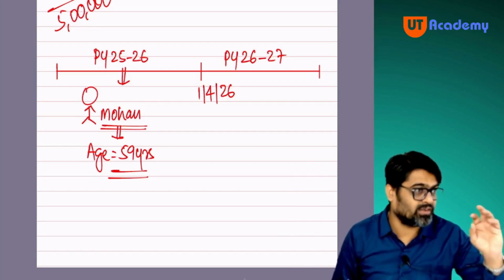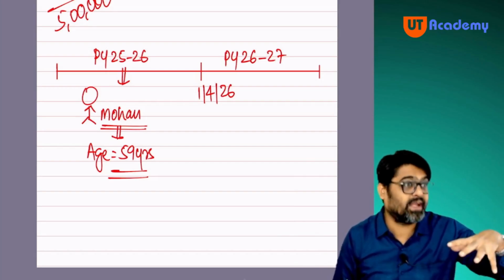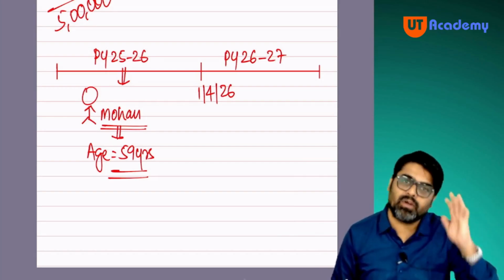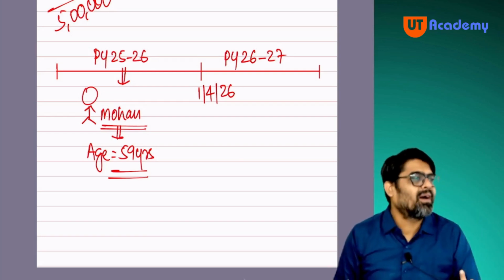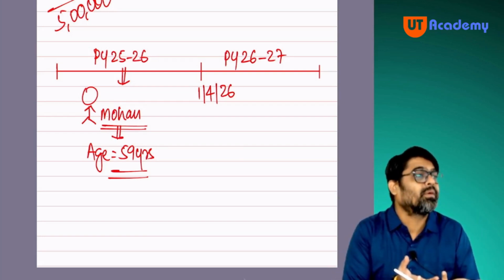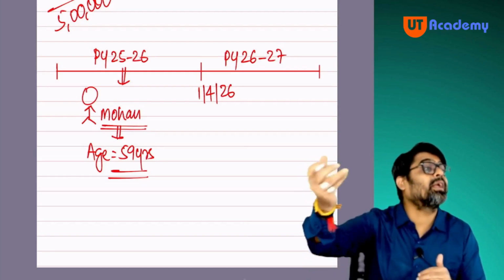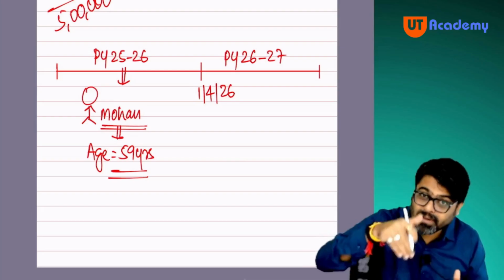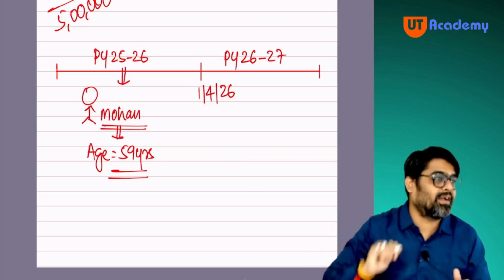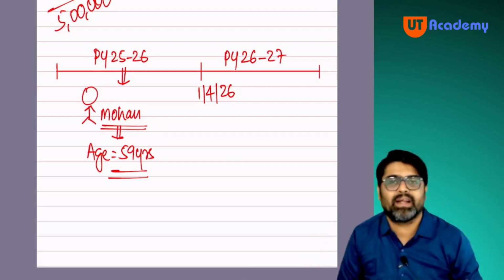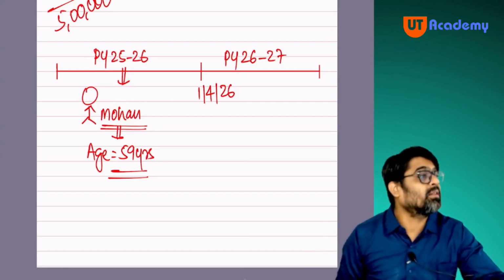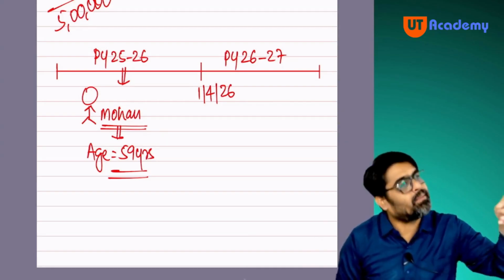But few assessing officers in the income tax department were smart. They were like, how can we consider him to complete 60 years next year? He will complete 60 years in this year itself on 31st March, and next year he will enter his 61st year. So they were giving the higher basic exemption limit from this year only.